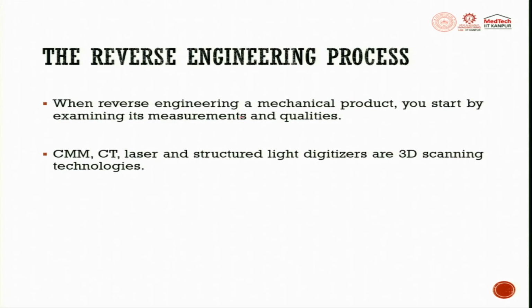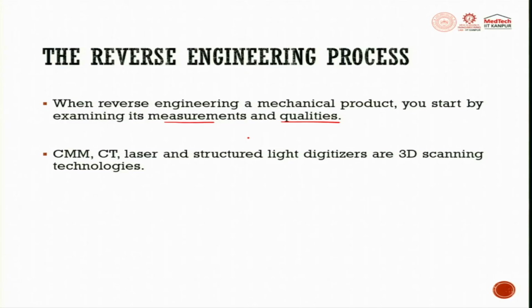So, when reverse engineering a mechanical product, you start by examining its measurements and qualities, which means during the analysis, during the collection of the data, you measure width, length, height of the product's components, because these dimensions affect the performance. Sometimes we need to employ 3D scanning for these measurements.